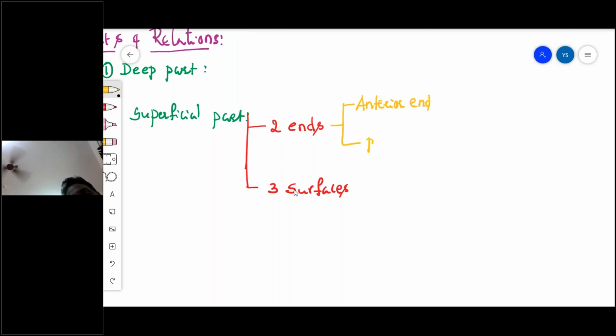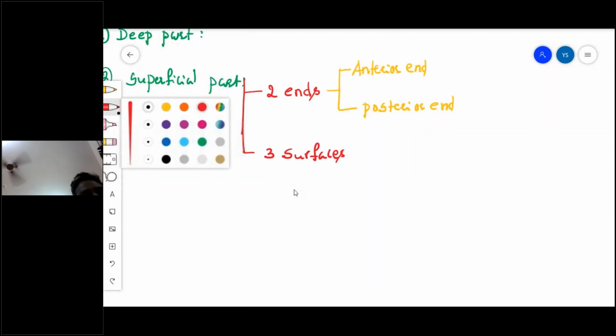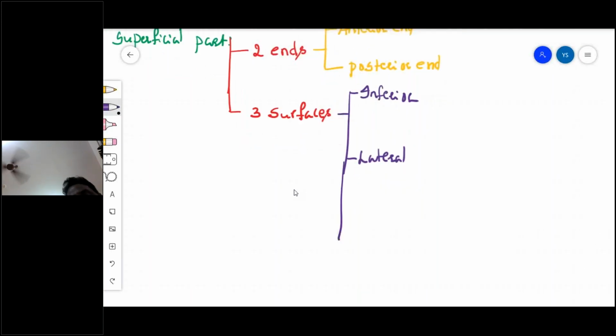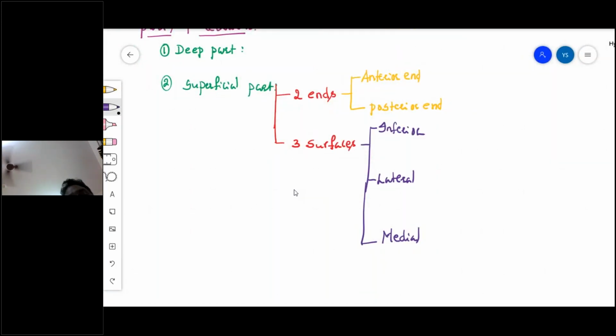These are the two ends, and the surfaces are three. Those are named as inferior, very good, inferior, lateral, and the third surface medial. So these are the presenting parts of the superficial part. Two ends, three surfaces.